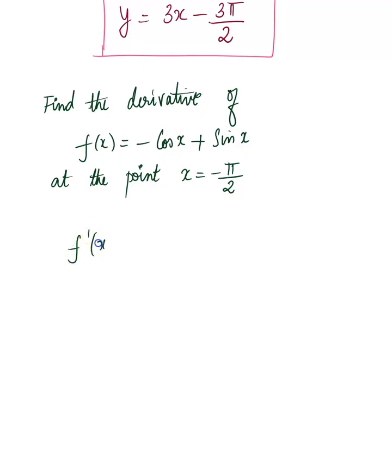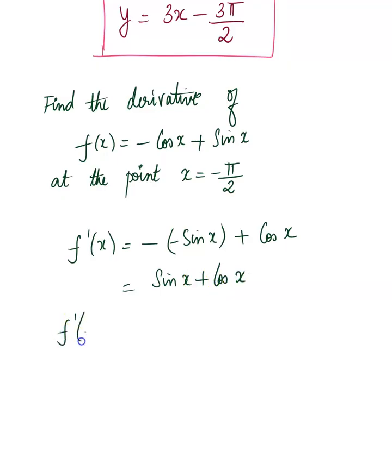Well, of course, we find f prime of x, which is negative of cosine, the derivative of cosine is negative sine x, plus the derivative of sine x is cosine x, which is the same as sine x plus cosine x.